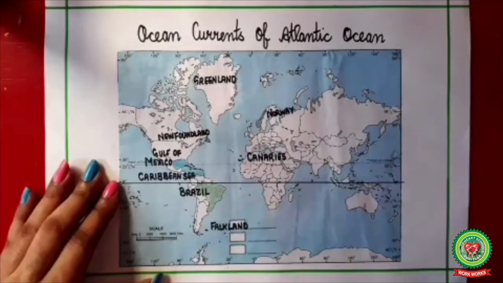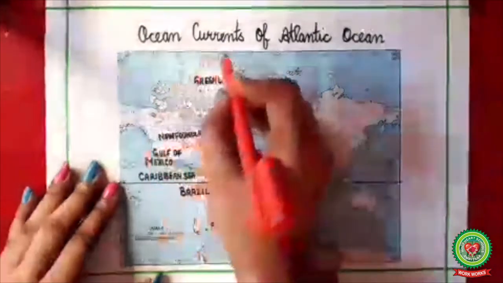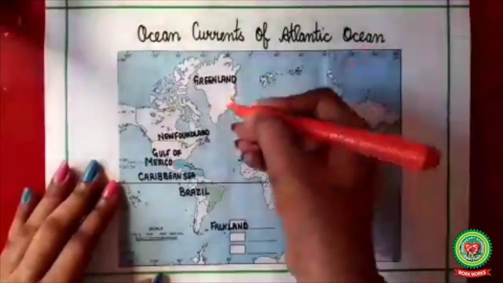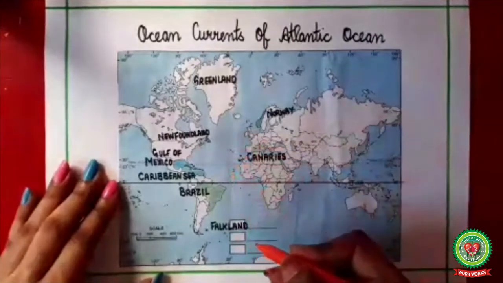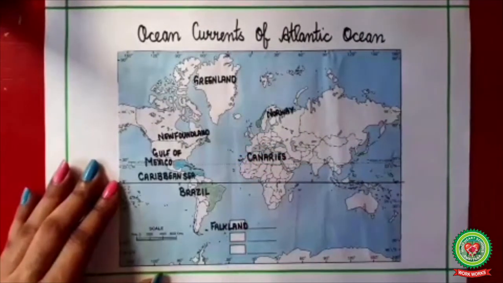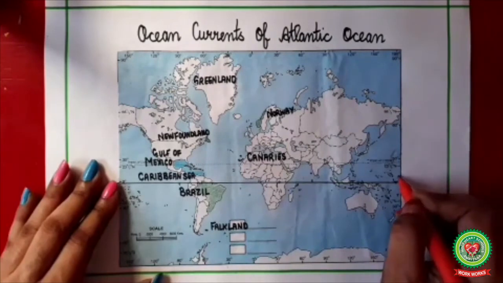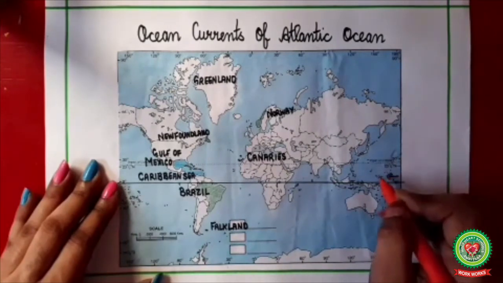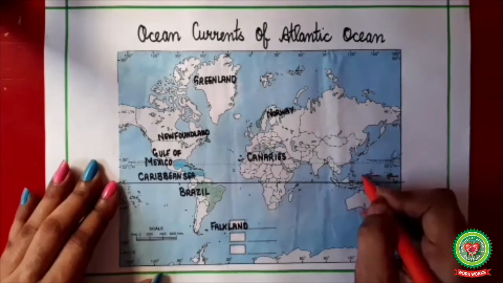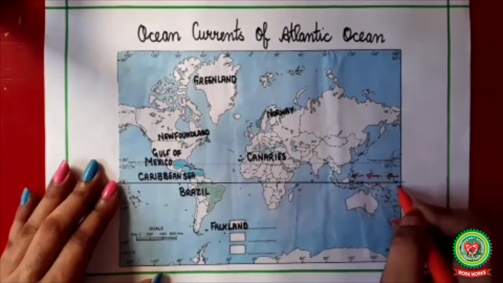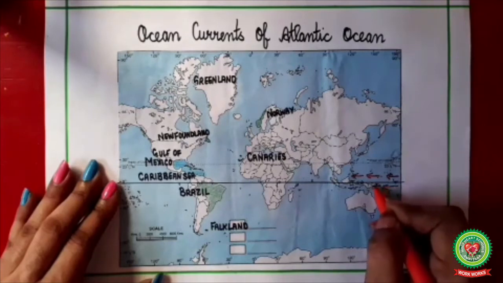First of all, we will discuss the ocean currents of the Atlantic Ocean. So, this is the Atlantic Ocean. We must remember that in the world, the ocean currents move from east to west parallel to the equator in both hemispheres.